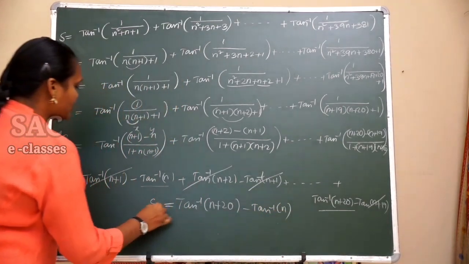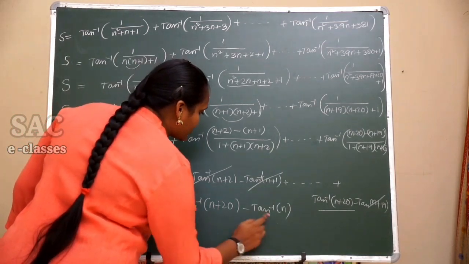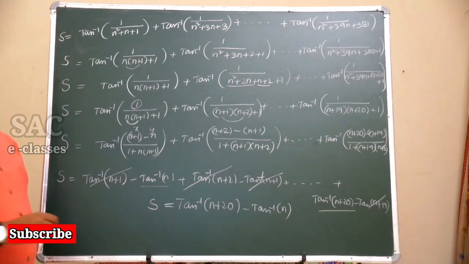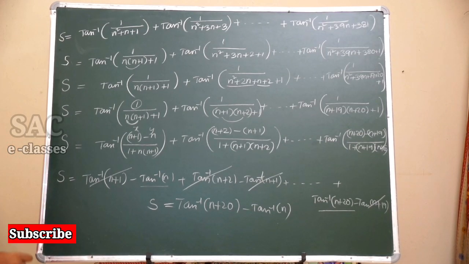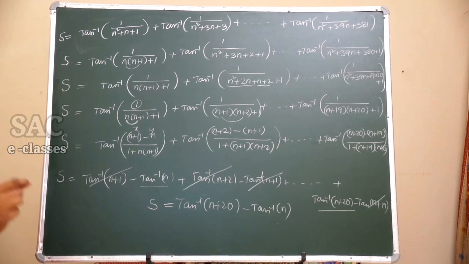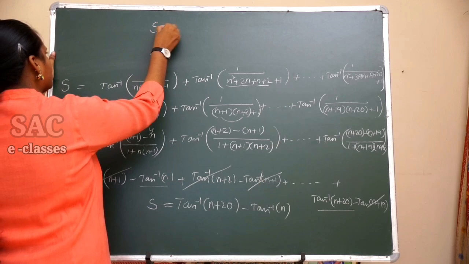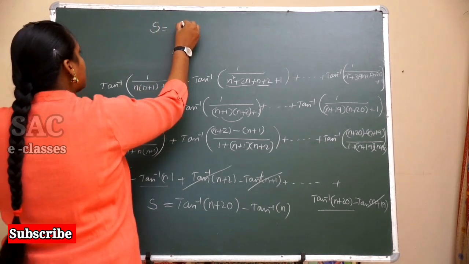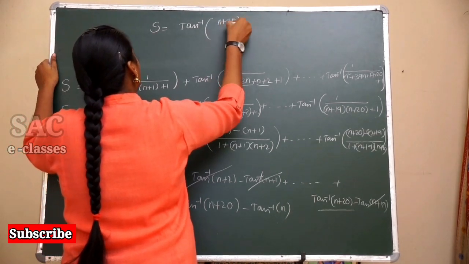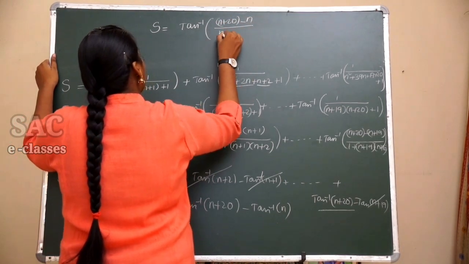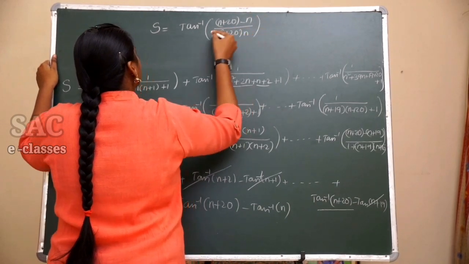which is equal to S. I hope you know the formula for tan inverse x minus tan inverse y. The formula for tan inverse x minus tan inverse y is tan inverse x minus y by 1 plus xy. Then we can get the option very easily. Now S is equal to tan inverse n plus 20 minus n by 1 plus n plus 20 into n.